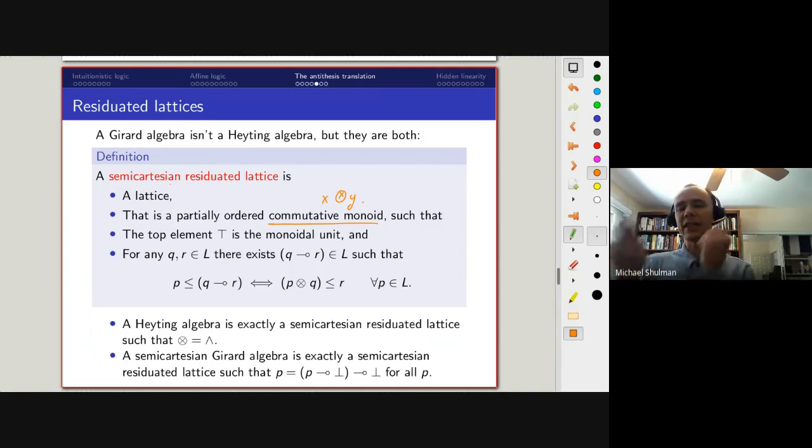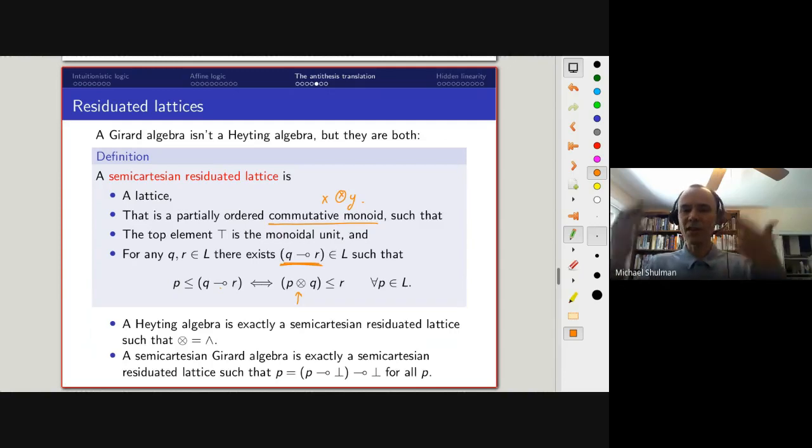But now instead of the involution that a Girard algebra has, it has just an implication that acts like the linear implication in linear logic, and also like the implication in a Heyting algebra, but relating to this monoidal tensor rather than the lattice meet. So in other words, to prove Q implies R from P, it's equivalent to assume Q in addition to P and prove R, where this 'in addition to' is this multiplicative conjunction.